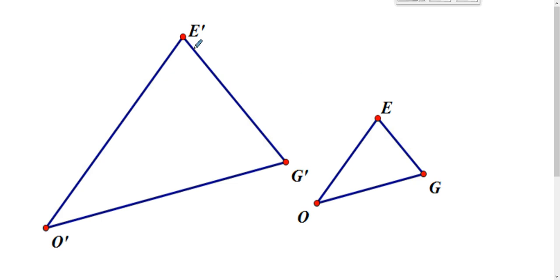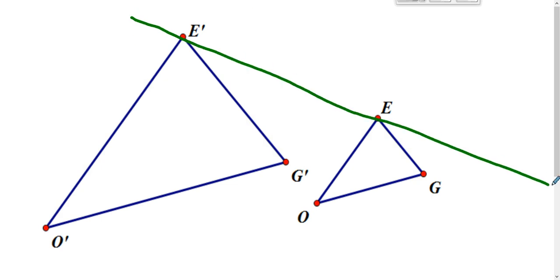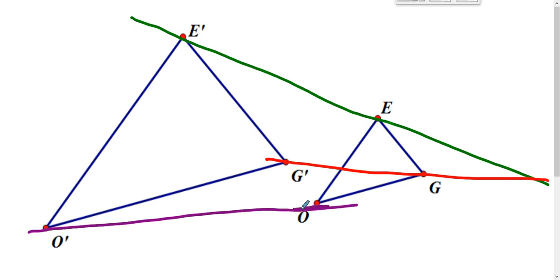Well, we know that E and E prime are collinear with the center of the dilation, and we know that G and G prime are collinear with the center of the dilation, and we know that O and O prime are, oh golly, collinear with the center of the dilation, and so this point P is the center of the dilation.